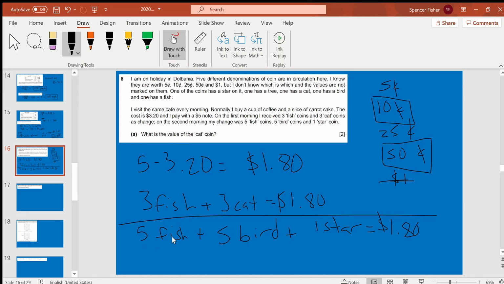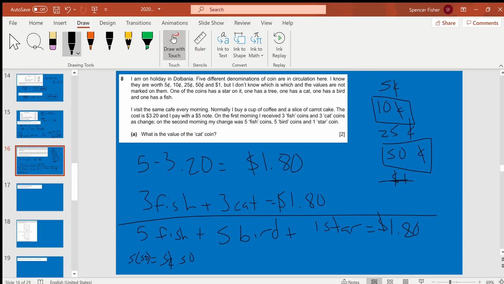So if fish is going to be 10 cents, for example, well, that might potentially work because 5 times 10 cents is 50 cents. That's okay. But what happens if it's 50? If it's 50 cents times 5, that's $2.50.